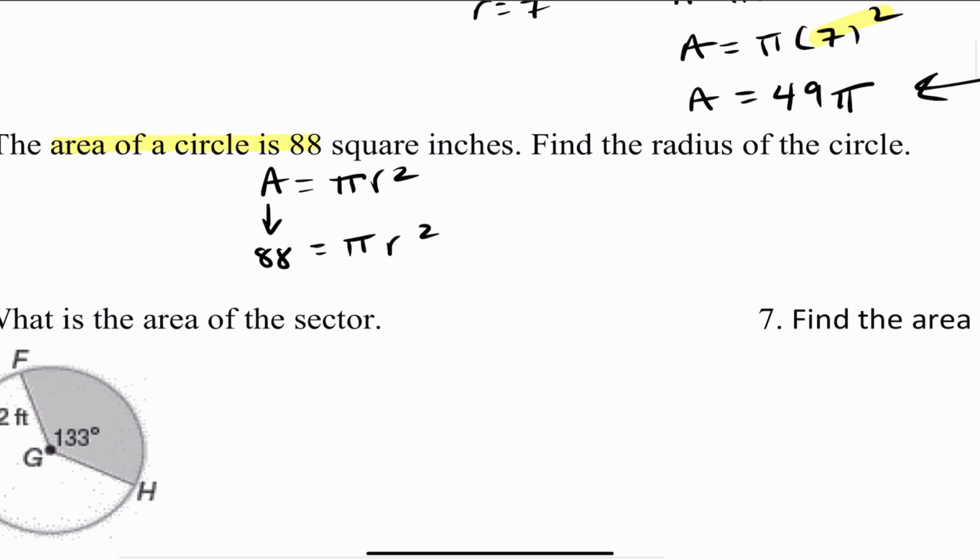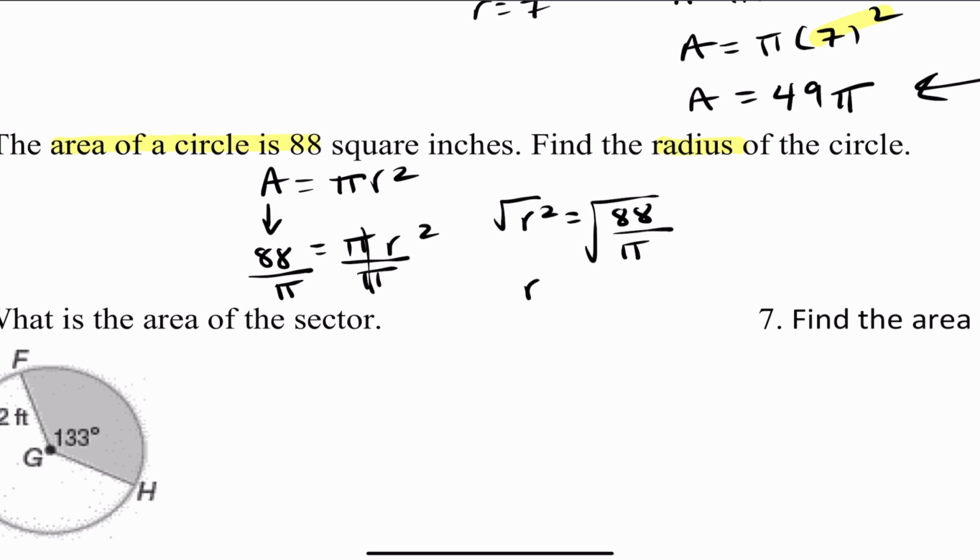Your goal here is to find the radius of the circle. I'm going to divide both sides by pi, and then what do you get? You get r squared equals 88 divided by pi, and you're going to take the square root because, again, you're solving for the radius, which is r.